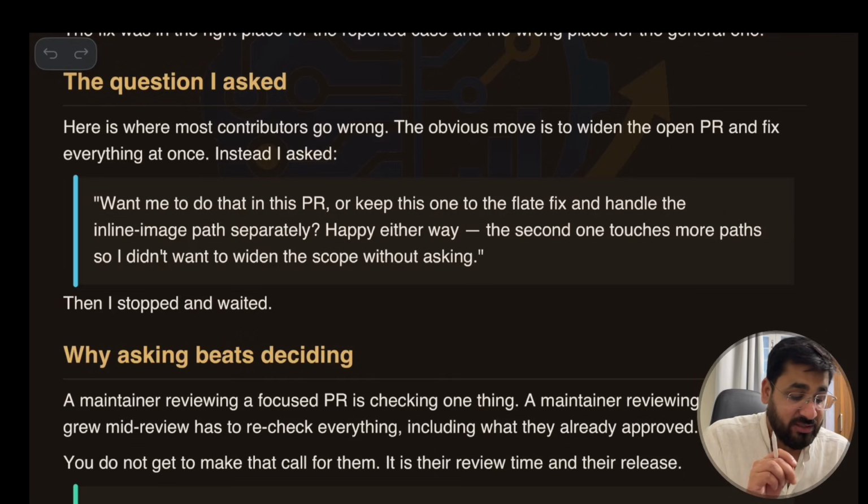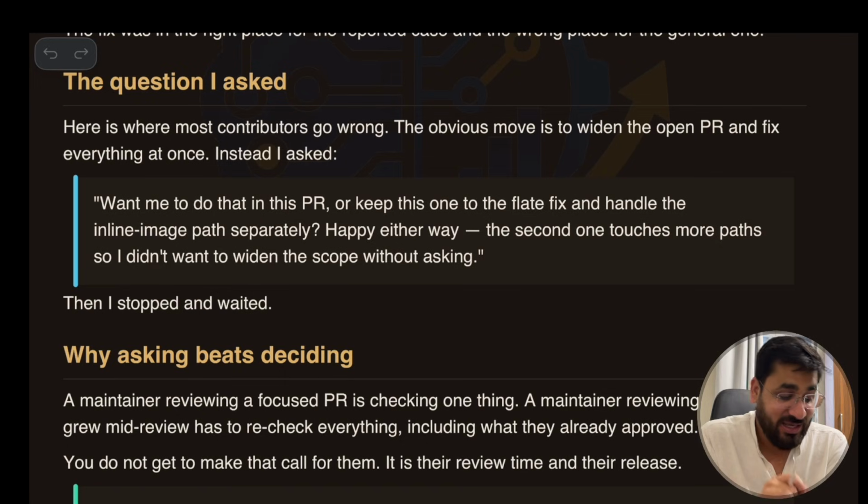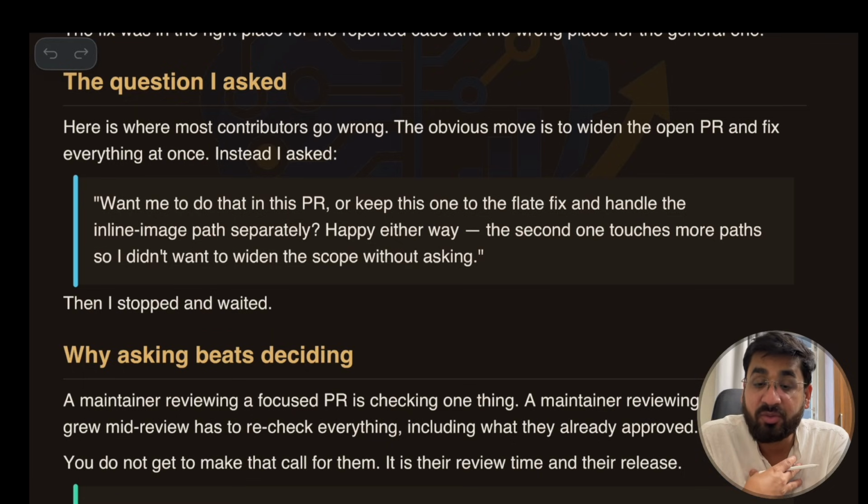Now the reviewer asked, do you think it will work for this also? And I asked, do you want me to raise another PR, or do you want to widen the scope of the existing PR? That was the very sincere thing I did, because it's not me who will take the decision on behalf of their product. It's up to them, up to him, what he wants.